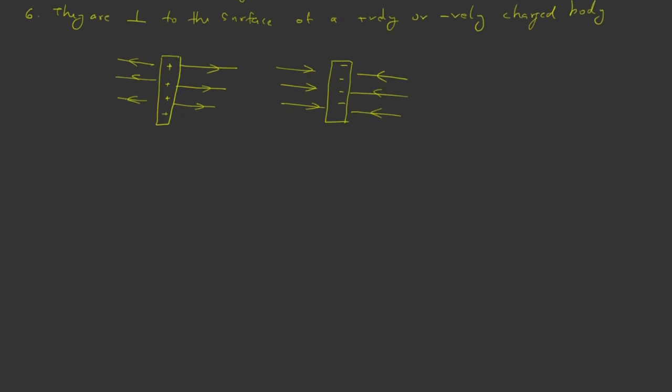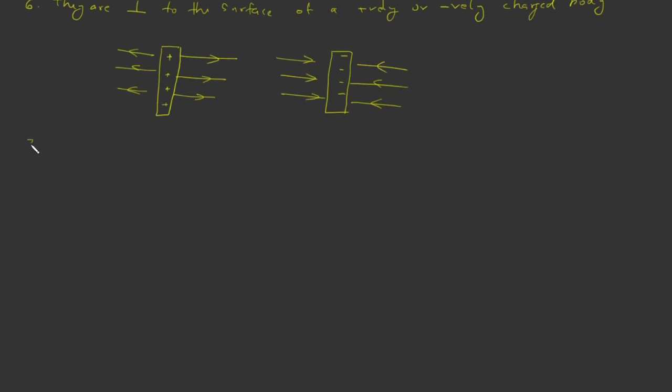The seventh point that we already studied: the relative density of lines is small where the electric field is weaker, and vice versa. What does it mean?